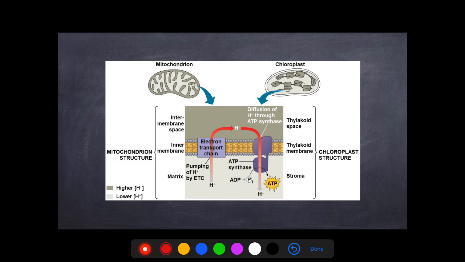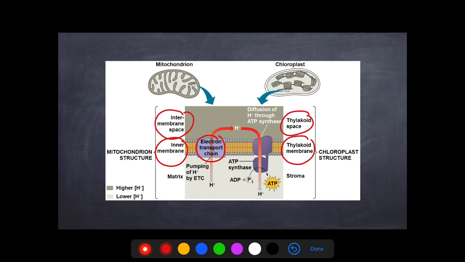So this is kind of just a diagram that shows you what is happening when we talk about mitochondria and chloroplasts. In the mitochondria, you have the intermembrane space. In the chloroplast, you have the thylakoid space and the thylakoid membrane.